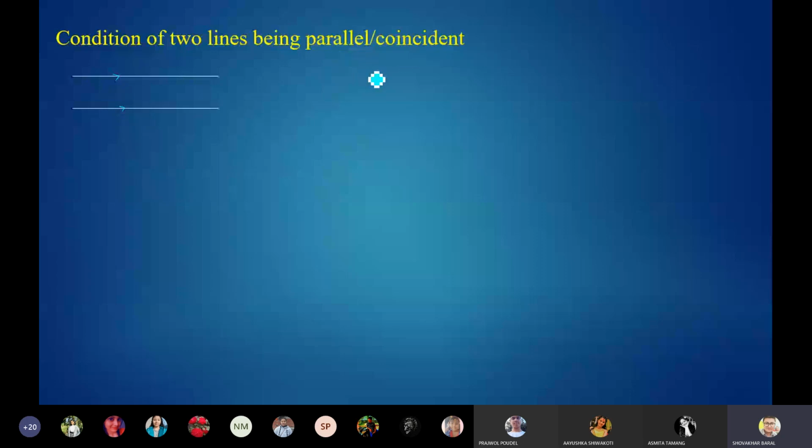Parallel means they never intersect, but coincident means one line overlapping on the same line. If you have two pens and you keep them together, that is called the condition of coincidence.